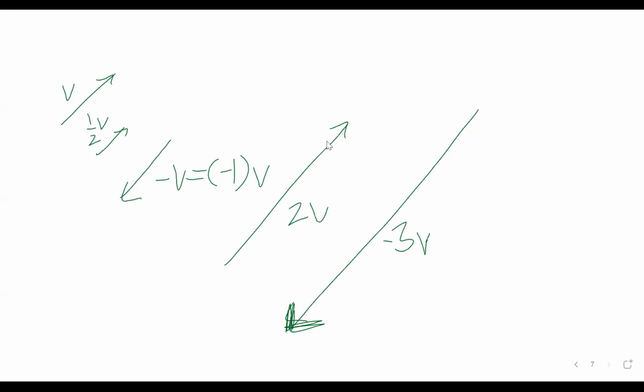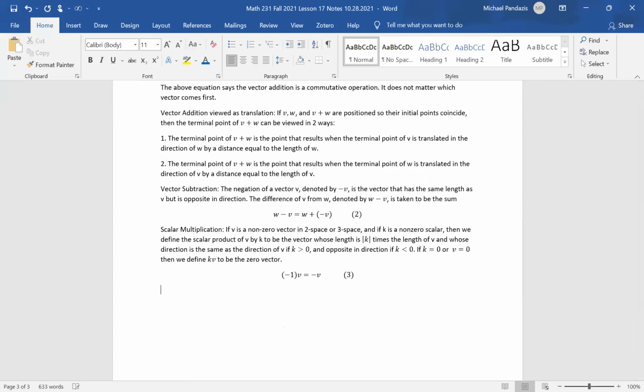Okay, so back here. Suppose v and w are vectors in 2-space or 3-space with a common initial point.